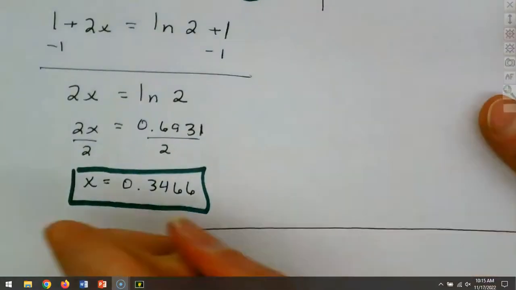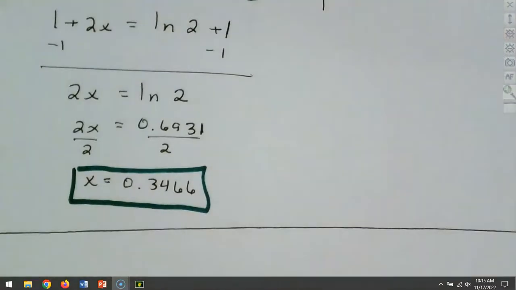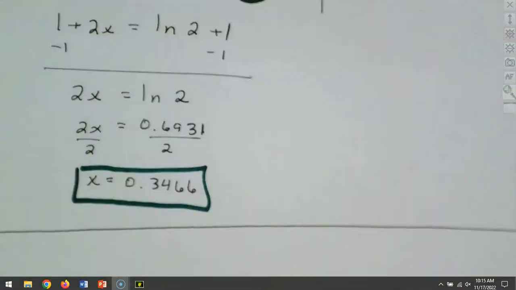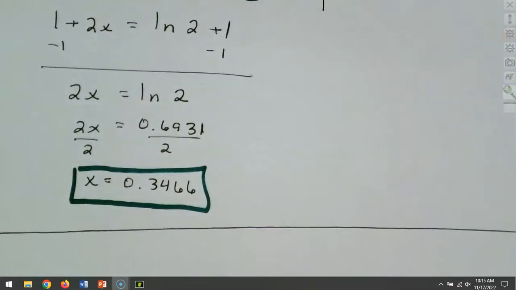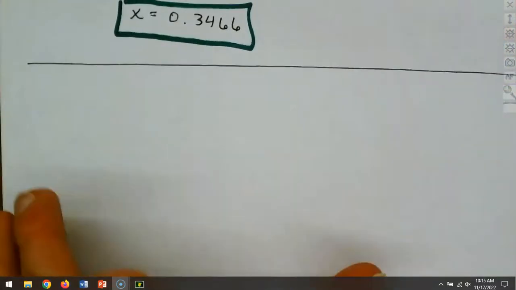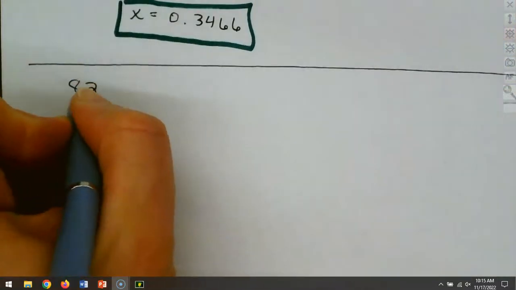Let's try another one. A little bit different on the next one. Let's think about how we would handle this one. Let's look at question 82. So question 82.